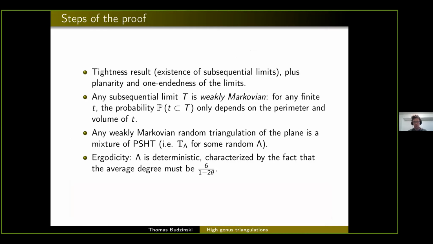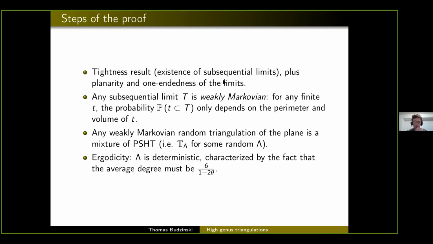We first get a tightness result, so the existence of limits along subsequences, and then we use some probabilistic arguments to say things about the subsequential limits, and we keep on doing that until there is only one candidate left, and in this case, the subsequential limit is unique, which means that we have a convergence.